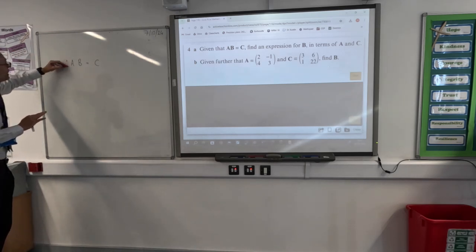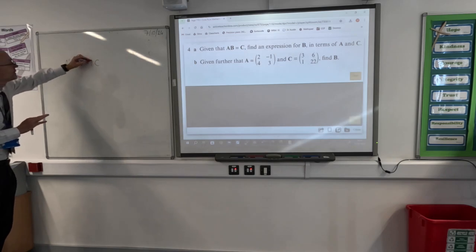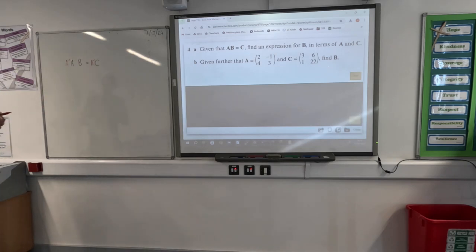If I multiply both sides by the inverse of A, what does that mean I can now do? What can I now say, Ethan, about the left-hand side?